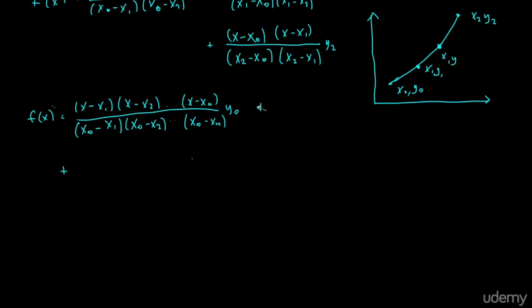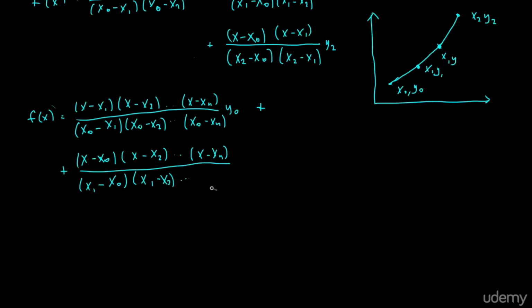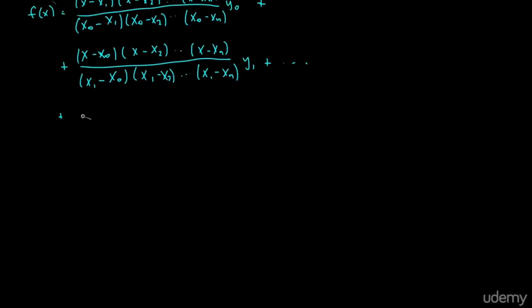So let me just write this out. So we have here x minus x0, x minus x2 all the way up to x minus xn, divided by x1 minus x0, x1 minus x2, and once again all the way up to x1 minus xn, y1 plus, and then there are lots of terms here, and towards the end you get something like the following, and this is going to be a bit long, I admit, but essentially you get something like x minus x0 times x minus x1 all the way up to x minus xi minus 1.